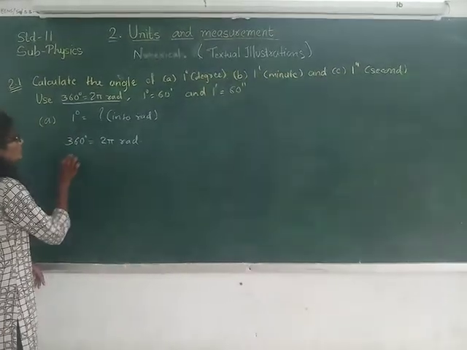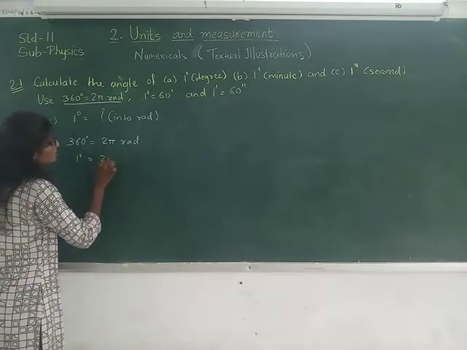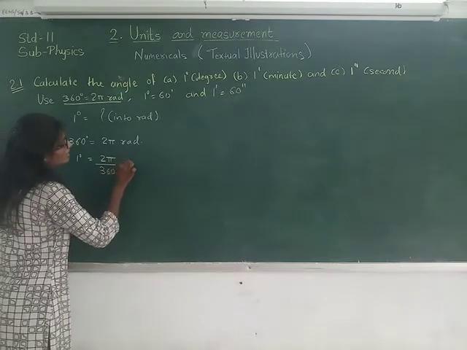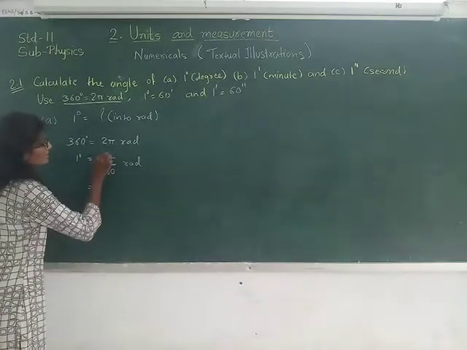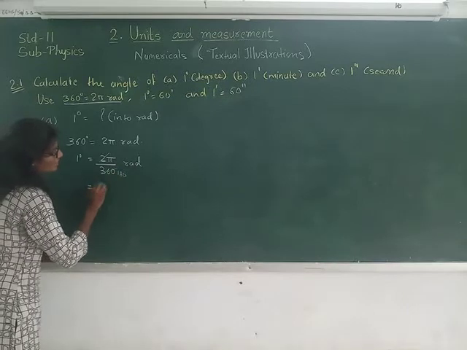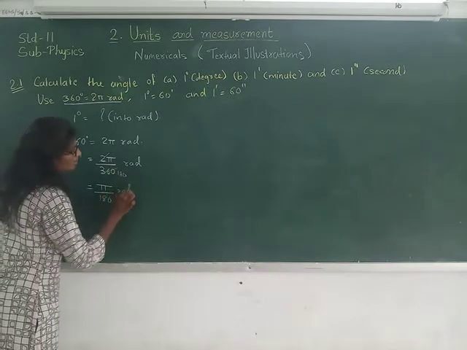That is also okay. So 1 degree, taking 360 over here in the denominator, it will be 2 pi by 360. Cancelling this out, we get 180. So it will be pi upon 180 radian.